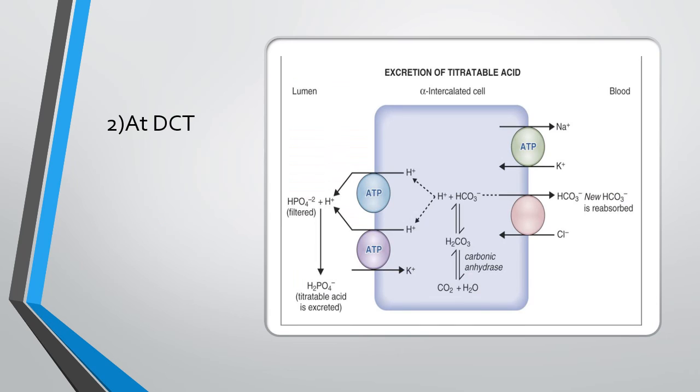So next, at the distal convoluted tubules. This occurs in the alpha intercalated cells of the DCT. So what happens here is disodium hydrogen phosphate, which, as I mentioned earlier, is part of the phosphate buffer system.